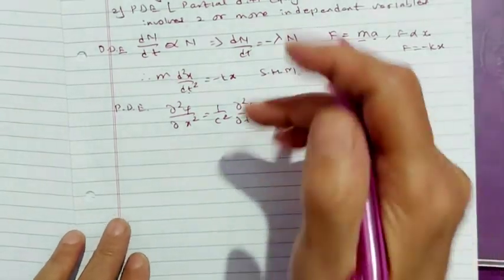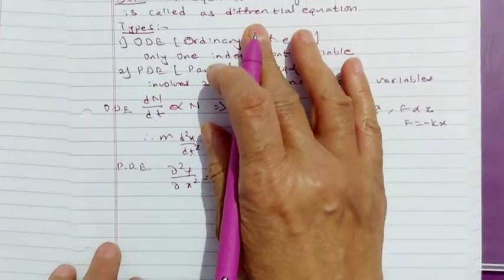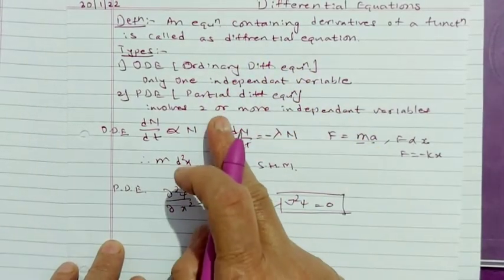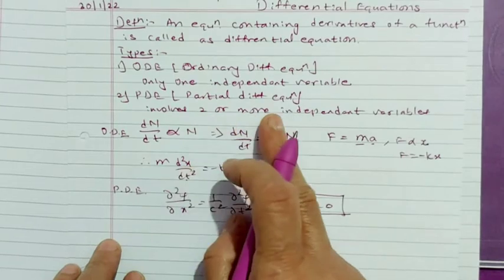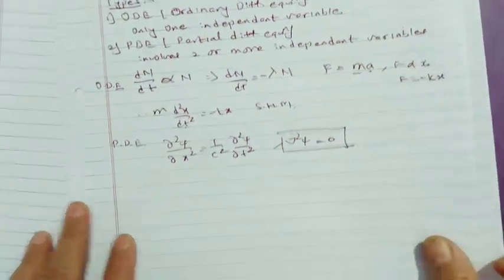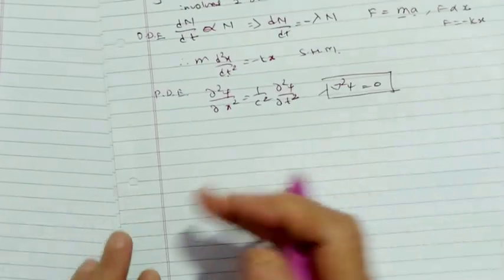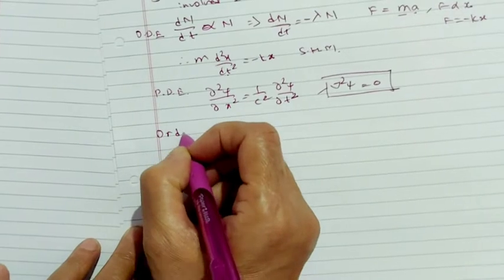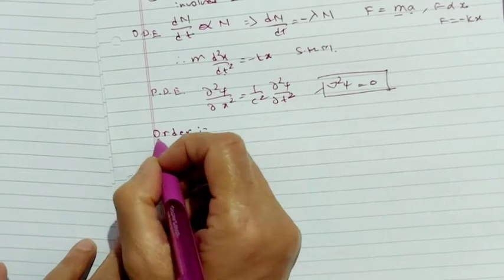Now, after knowing this simple definition of differential equation and these two basic types, already we have discussed a lot about partial differential equation. So we'll just see the ordinary differential equation, in which we need to know first what is called the order of a differential equation, correct?